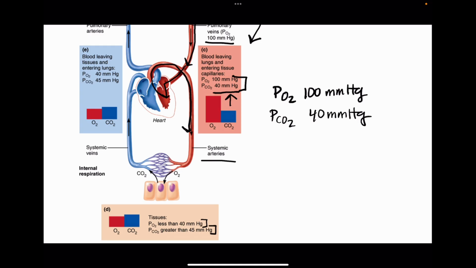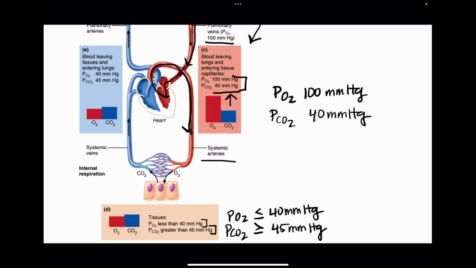So at the tissues, PO2 is less than or equal to 40 millimeters of mercury. It depends on how much activity we're doing. And our PCO2 is greater than or equal to 45 millimeters of mercury. Now, we already learned a bunch in this lecture that air always wants to follow the lower pressure, right?